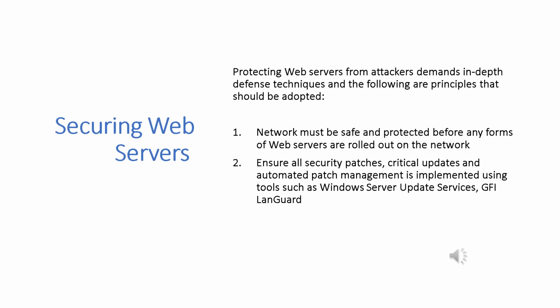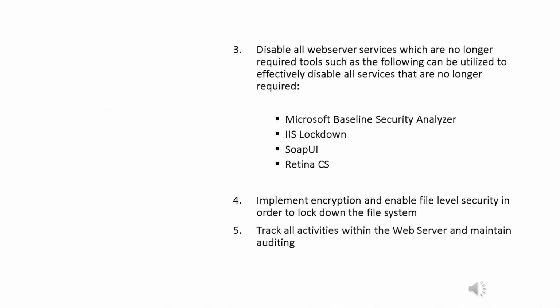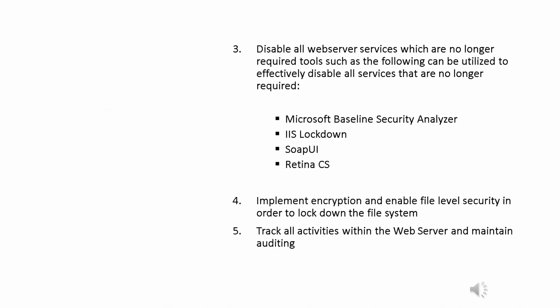Securing web servers. Protecting web servers from attackers demands in-depth defense techniques, and the following are principles that should be adopted. First, the network must be safe and protected before any web servers are rolled out on the network. Second, ensure all security patches, critical updates, and automated patch management are implemented using tools such as Windows Server Update Services, GFI LanGuard. Third, disable all web server services which are no longer required.